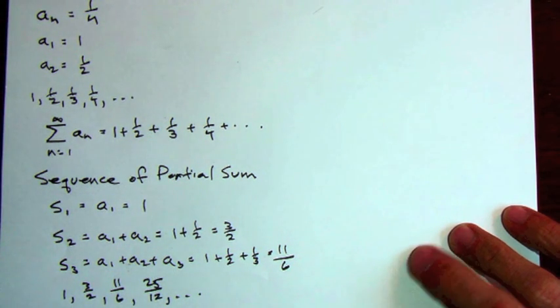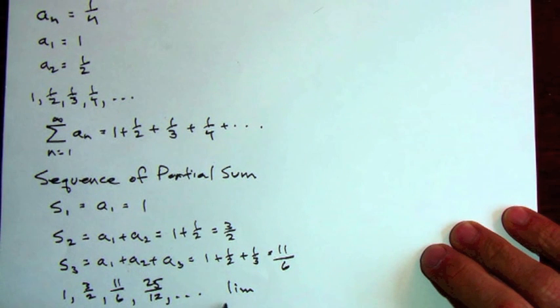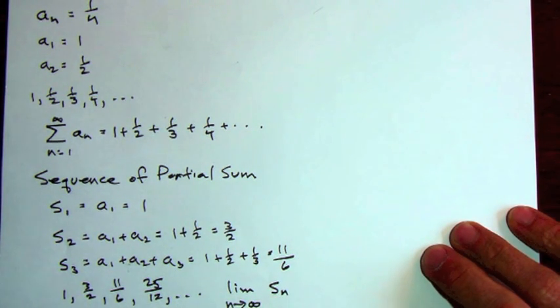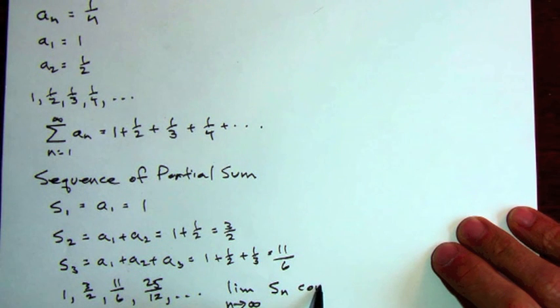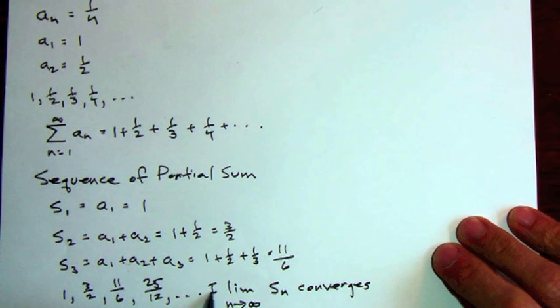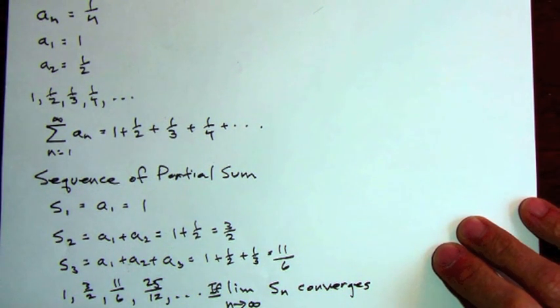So if the limit as n goes to infinity of the sequence of partial sums converges, then the infinite sum, n equals 1 to infinity, converges.